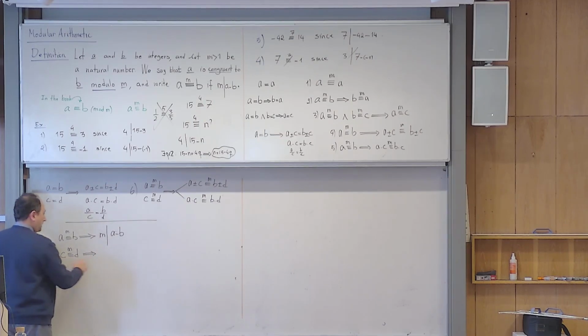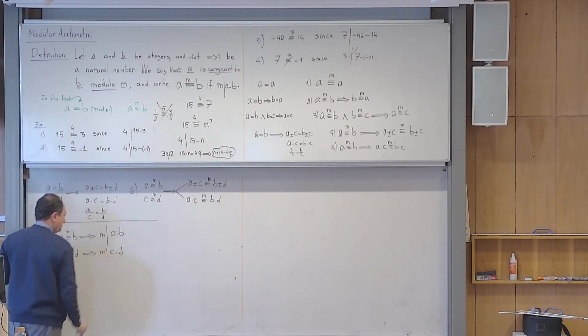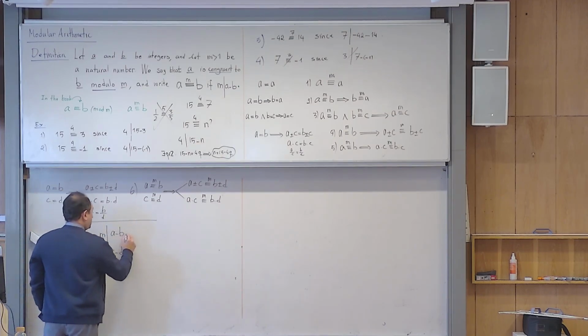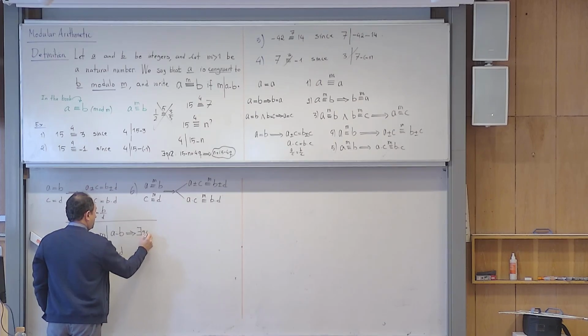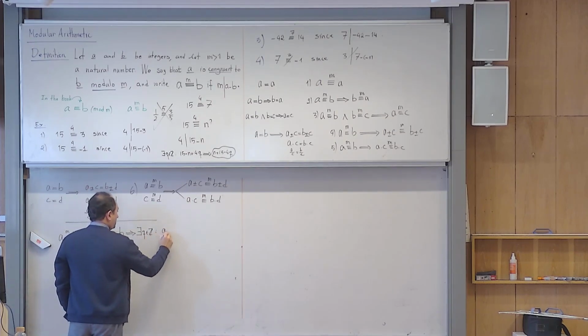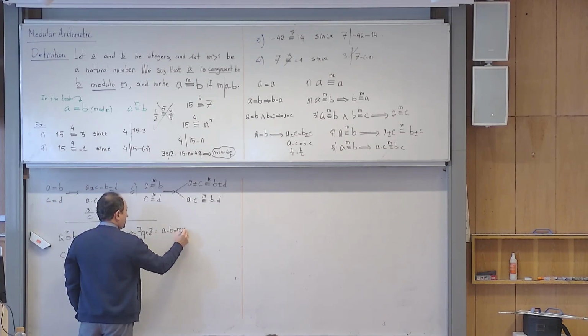The number on the left minus the number on the right is divisible by M. But what is the meaning of this statement? The meaning is that there exists a Q in Z such that the number on the right is equal to the number on the left times Q.